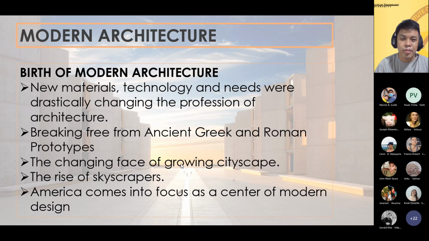And now that there's new materials, technology, the type of work that we have is mostly into industrial world, and now America comes into the picture, and the rise of skyscrapers, which is a need during that time, or still up to this time, give birth to a new type of architecture, which is modern architecture. So that's the reason why nagsugod, or natawo ang modern architecture.